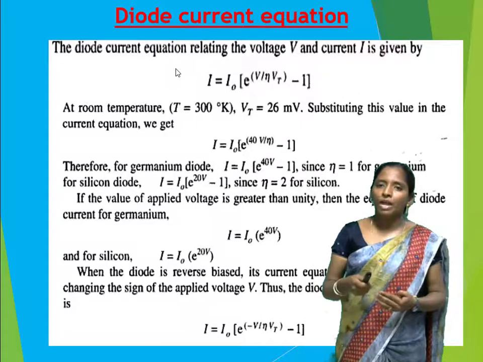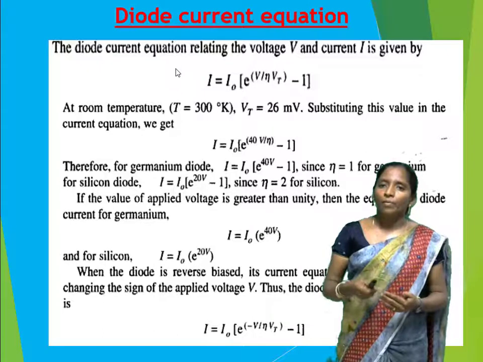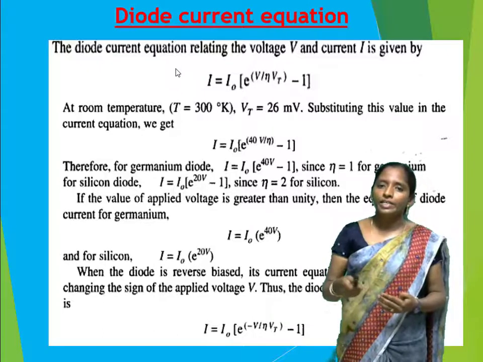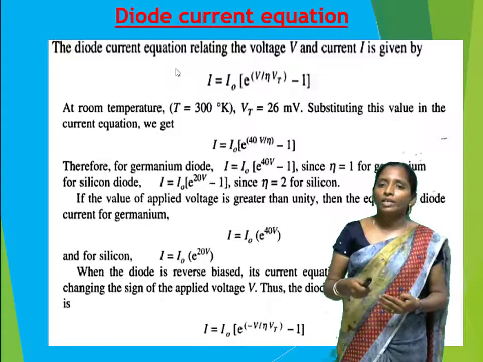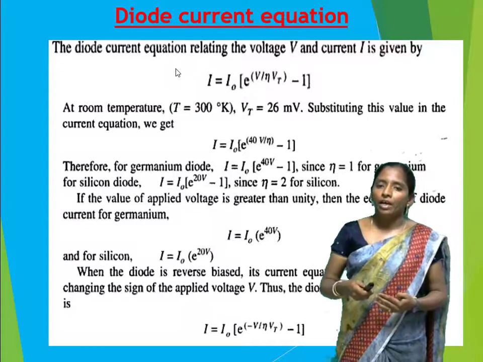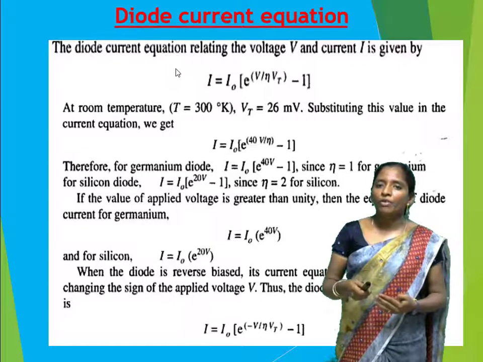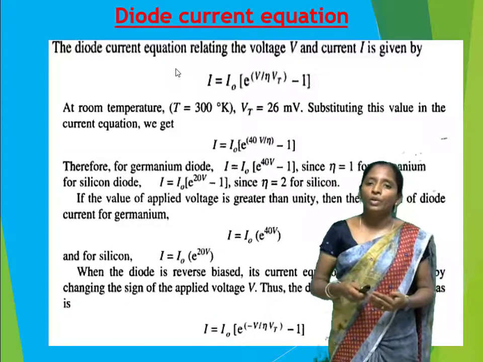After substituting these values, we get I equals I naught into e to the power 40V by eta. Here eta is 1 for germanium and 2 for silicon. After substituting, the diode current equation for germanium is I equals I naught into e to the power 40V, and for silicon, I equals I naught into e to the power 20V.